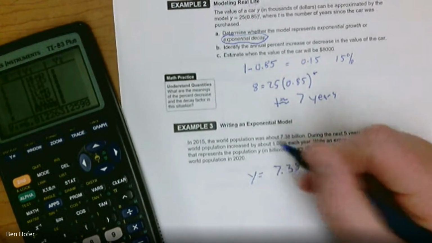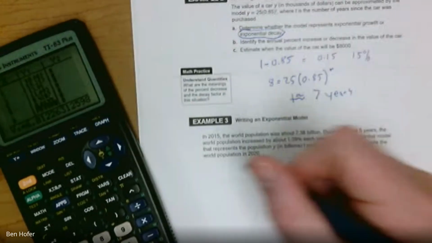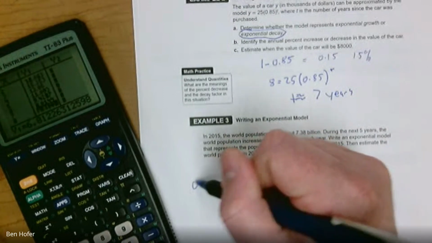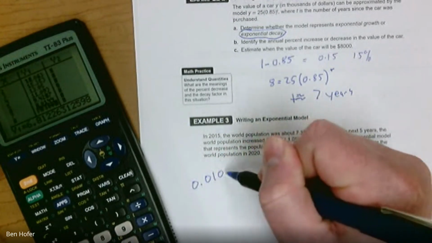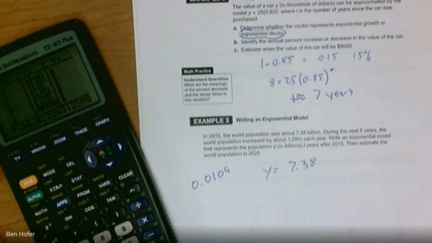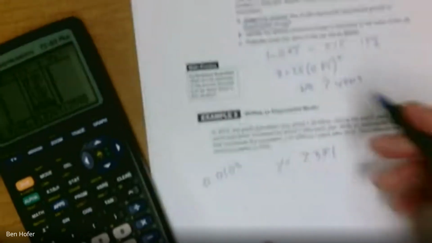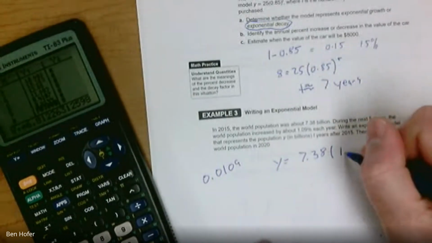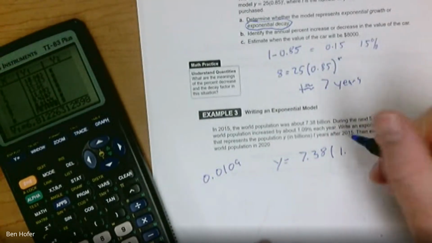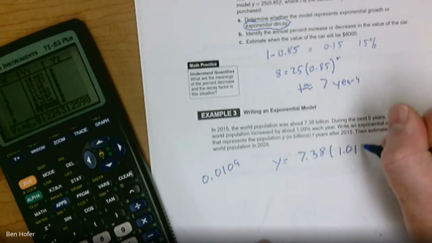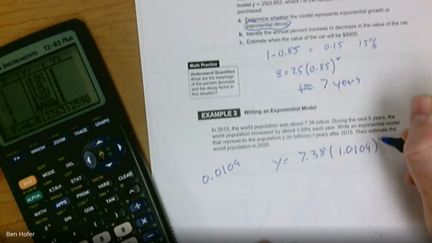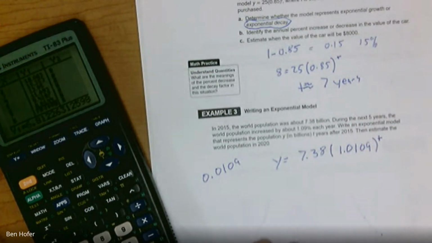And then 1.09% looks like that as a decimal, and it's growth. So it's 1 plus that rate. So I'm going to just add a 1 out in front of this, 1.0109, and that is to the T power.